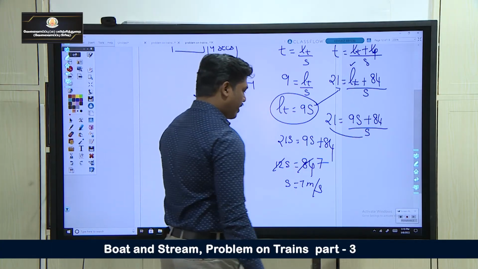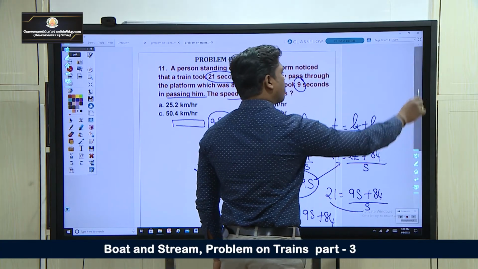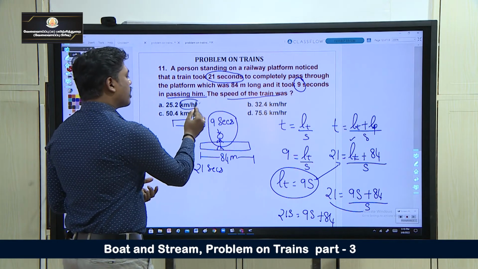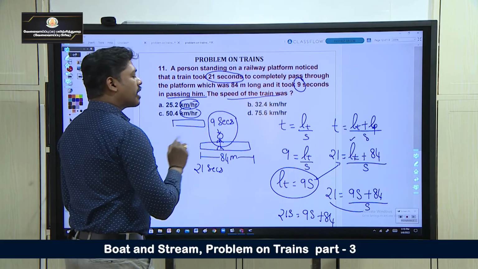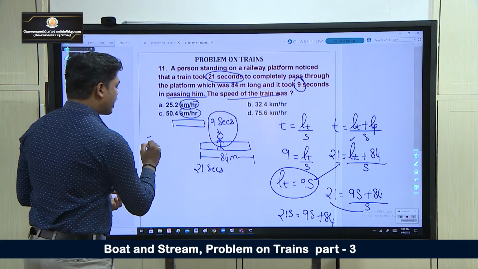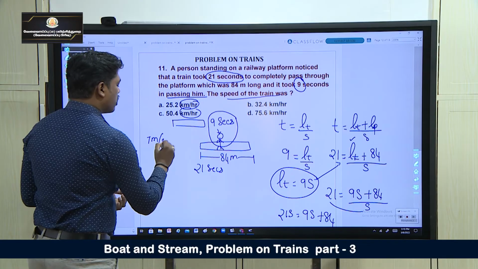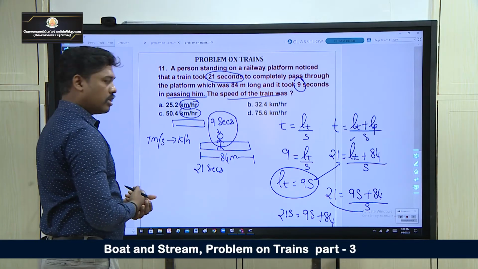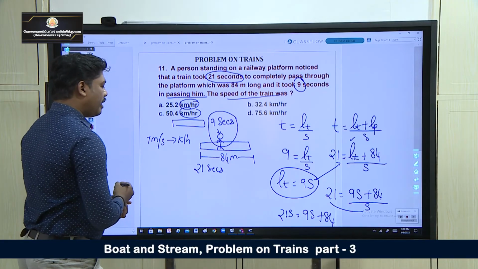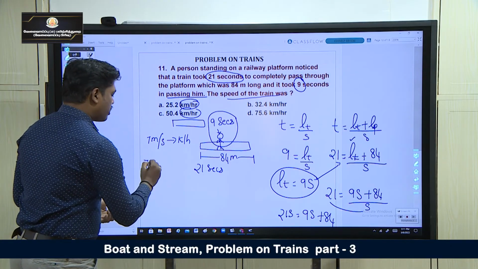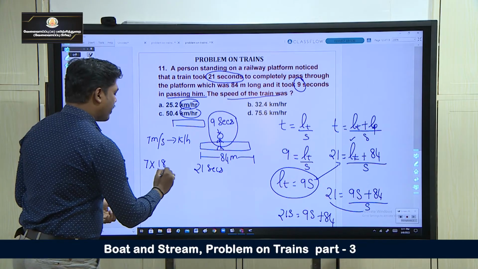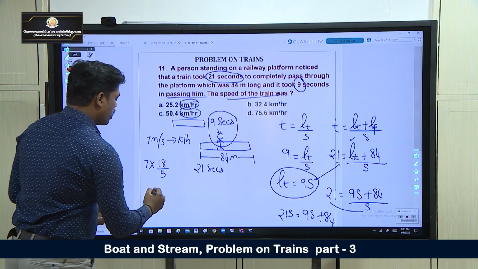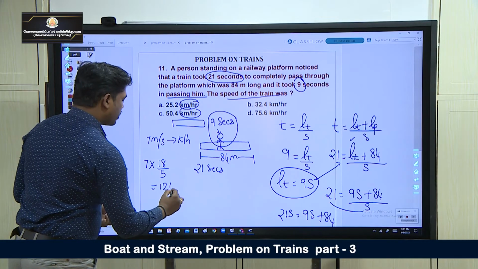So your answer is 7 meters per second, but they have asked in terms of kilometers per hour. So convert 7 meters per second to kilometers per hour. How can we convert? Multiply by 18 by 5. 7 into 18 divided by 5. When you multiply, you get 126 by 5.